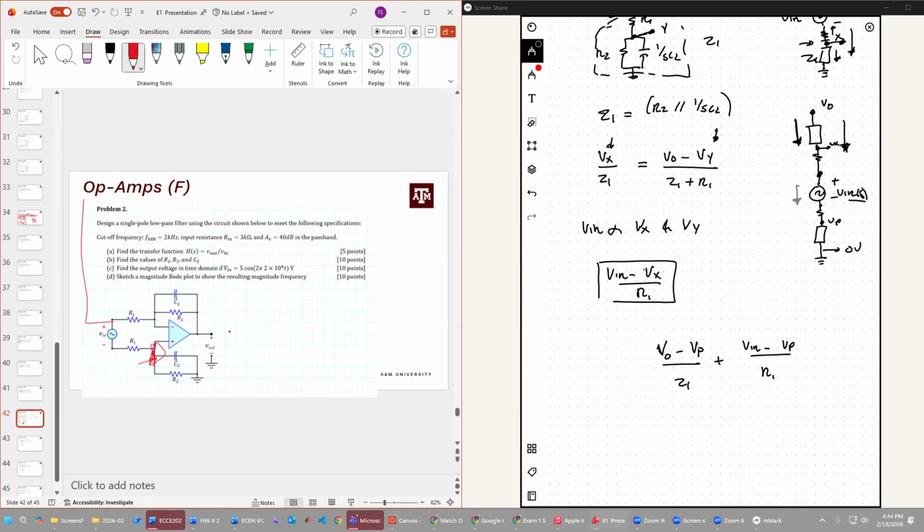So the current's flowing into this particular node for here. Yep. Plus 0 minus Vp over Z2.